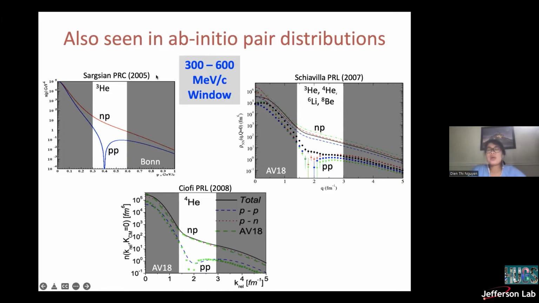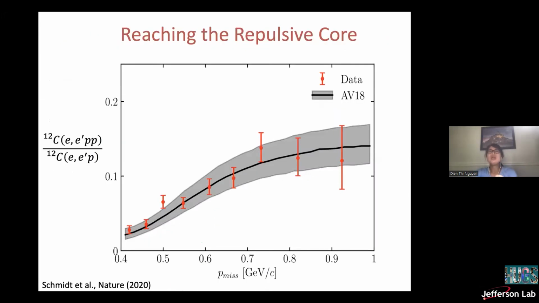Now I want to show you the result from the GCF, which we just discussed this morning, to see how it describes this behavior as well. From the GCF, we are using the contact formalism. We are able to calculate the ratio of the (e,e'pp) to (e,e'p) for carbon 12.